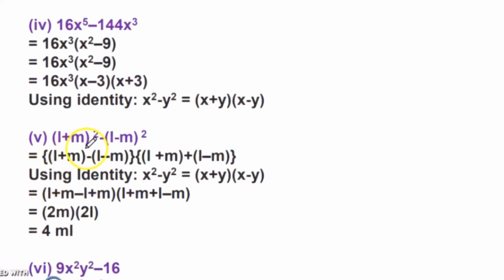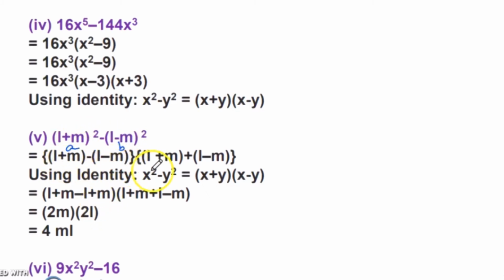So the fifth one is L plus m the whole square minus L minus m the whole square. So you can use this identity a plus b into a minus b directly over here also, because this entire L plus m you can take it as a and L minus m you can take it as b and simplify. So this is a and this is b.